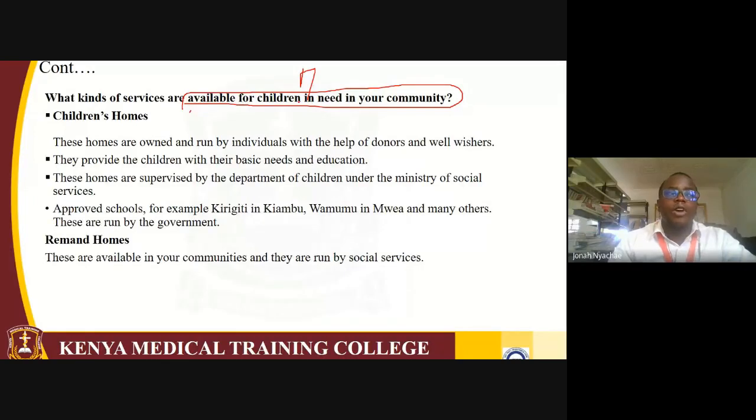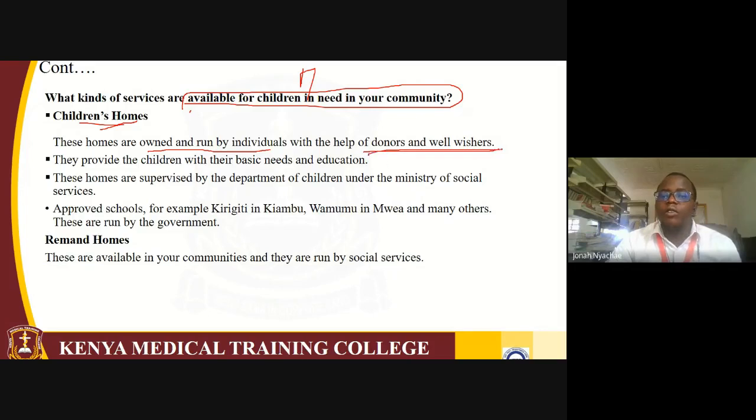It could be you are an active member in a church that wants to participate and assist your community around. So you have to know that there are children's homes which are owned and run by individuals with the help of donors and well-wishers.